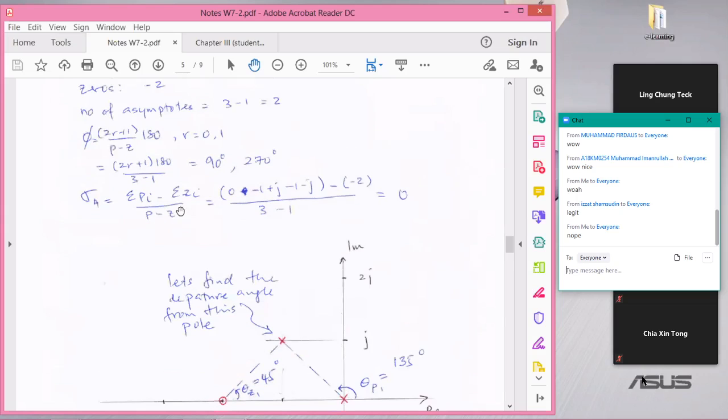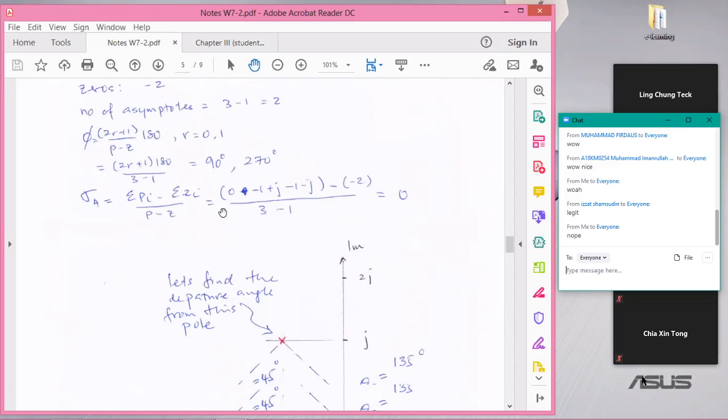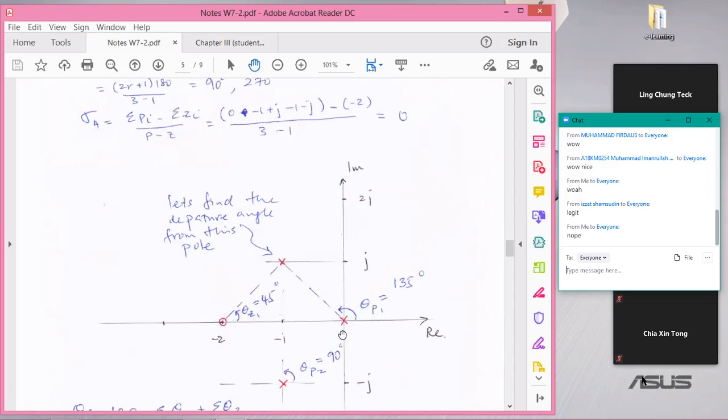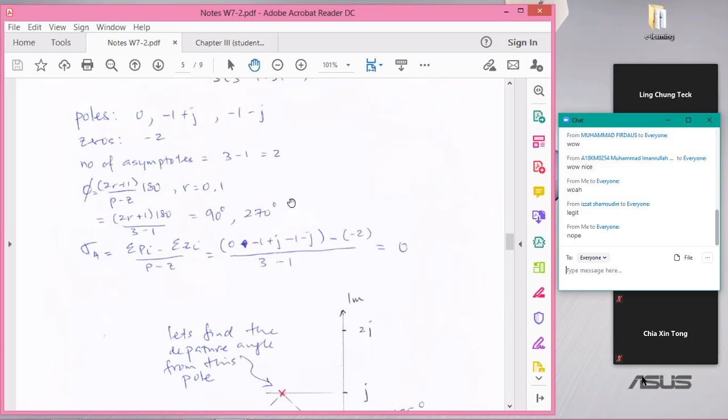And then our first asymptote line is at a 90-degree angle. So 90 degrees is exactly the imaginary axis. So the imaginary axis is our first asymptote line. The second asymptote line is at an angle of 270.